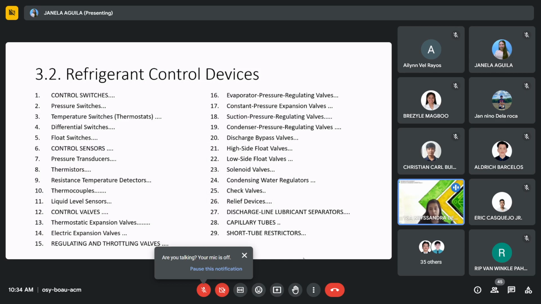So to start, under this po is the control valves, which is the discharge bypass valves. This valve po is employed to restrict the minimum evaporation pressure during low load times, either to avoid coil icing or to keep the compressor from running at a suction pressure lower than it was intended to.